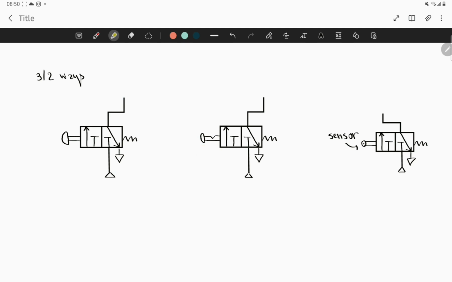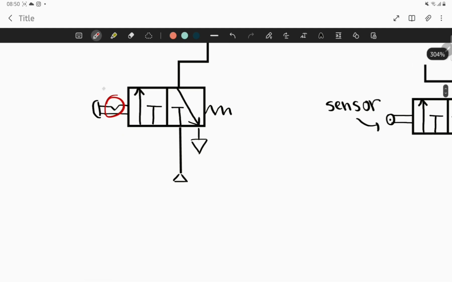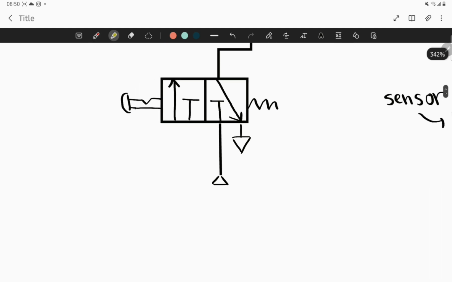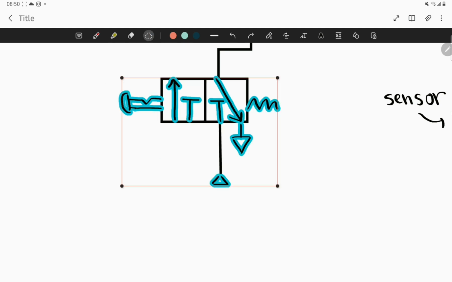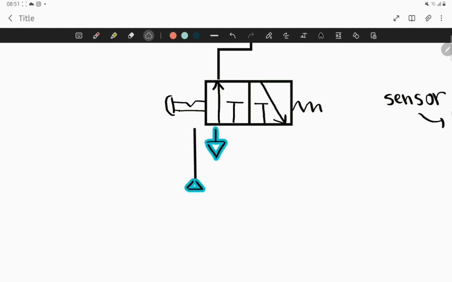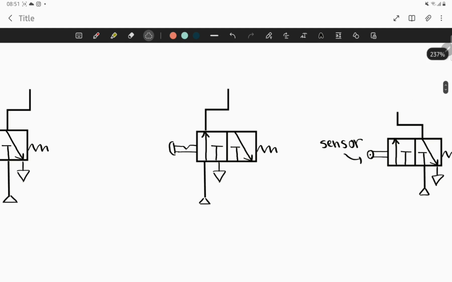But this one, we can see that it has a little thing here, and this is called a retention button. So when you press it, it will shift to the other side, and it won't come back until it's pressed again, or for a determined period of time.